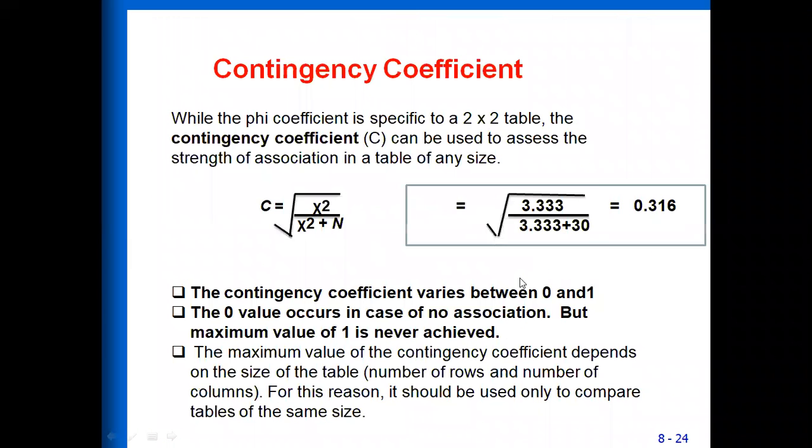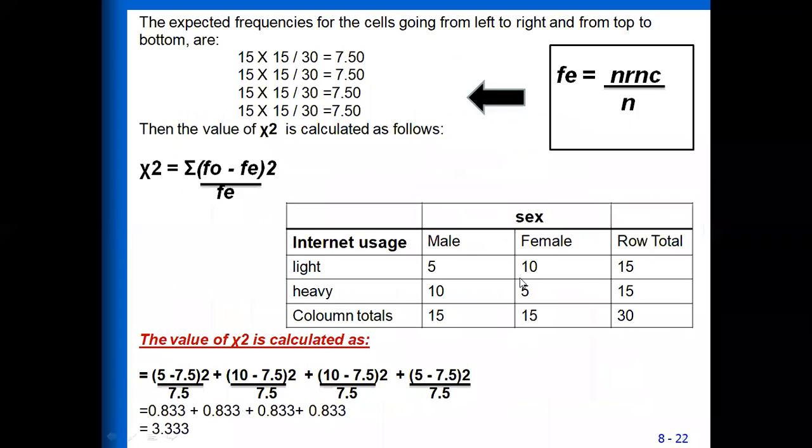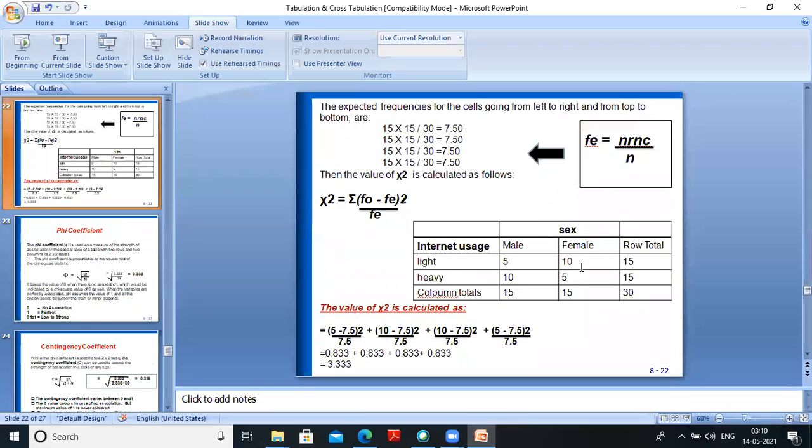Let me take an example: 5, 12, which is 17. Then 10, 3, 13. Now for this 5, the expected frequency will be 15 into 17 divided by 30. You can calculate this, whatever be the value.